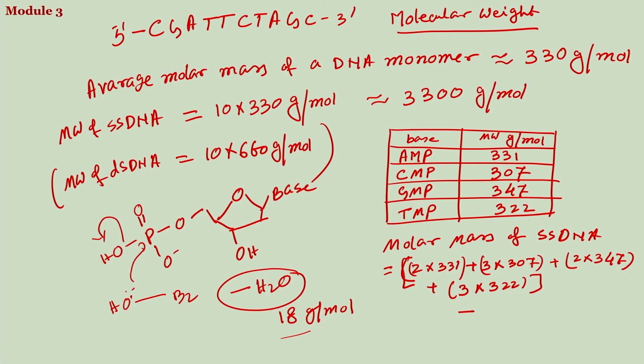Total number of bases minus 1. 1, 2, 3, 4, 5, 6, 7, 8, 9, 10. So, in general the formula is n minus 1 into 18, number of bases minus 1.